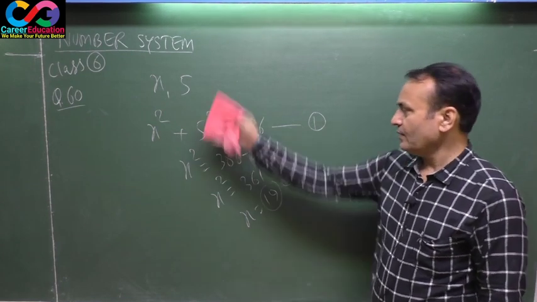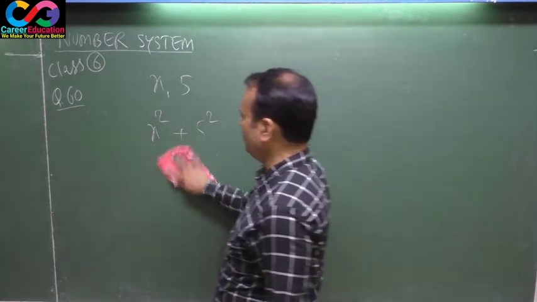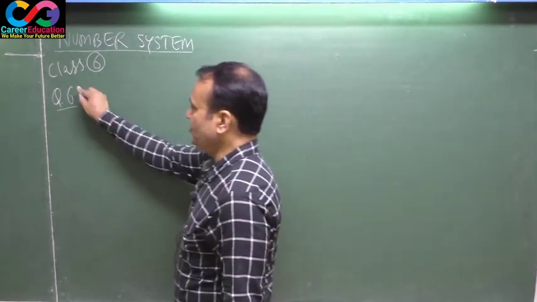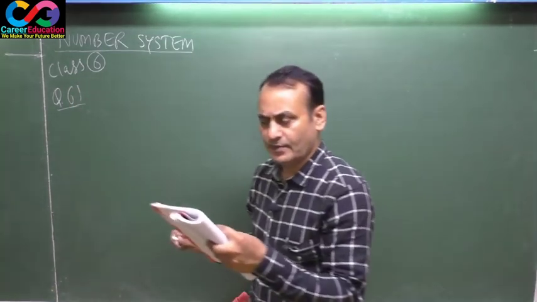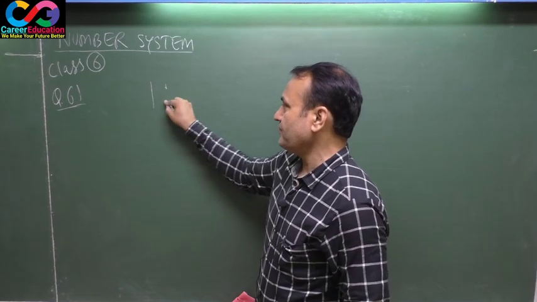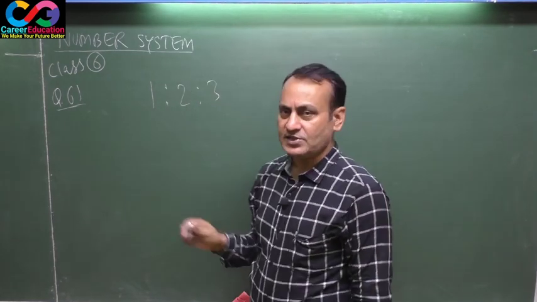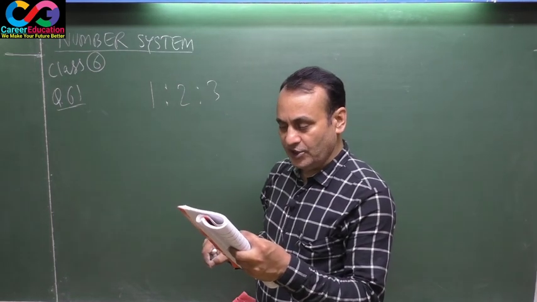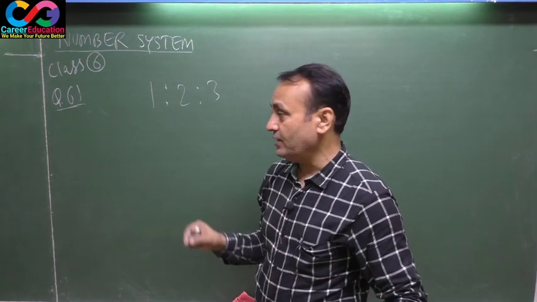Now, come to question number 61. Three numbers are in the ratio 1:2:3, and the product is 750. What is the biggest number?